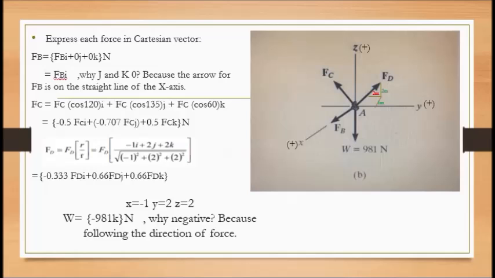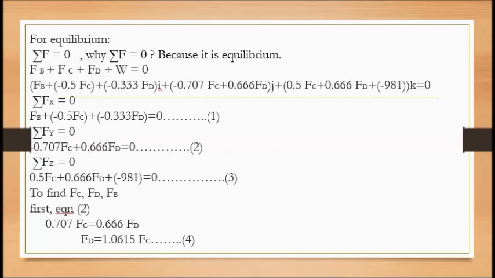For everything to remain in equilibrium, all the forces summed together have to be equal to 0, and all the force components have to be equal to 0. So we are going to make 3 equations, one for each component, adding up the values of each component. For the i values, we take the i values from forces B, C, and D. So it becomes FB minus half of FC minus 1/3 of FD is equal to 0.